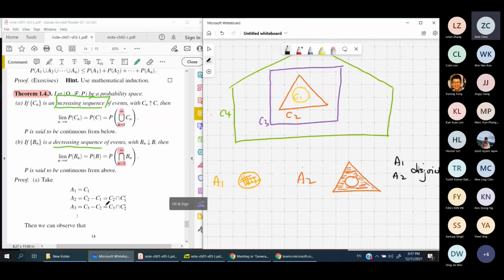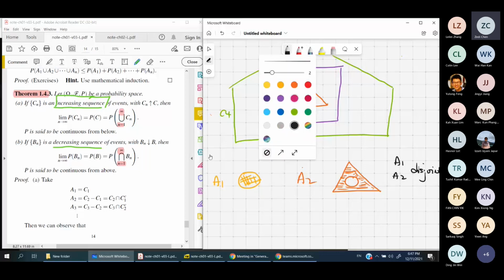Okay, next, what is our A3? A3 is C3, but excluding C2. So that means this is the one, but excluding the triangle. So now we can see A3 will be the square or the rectangle, but excluding the triangle. Only this one. I think it's clear, right?